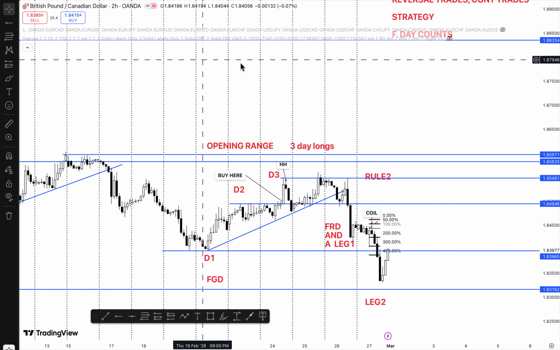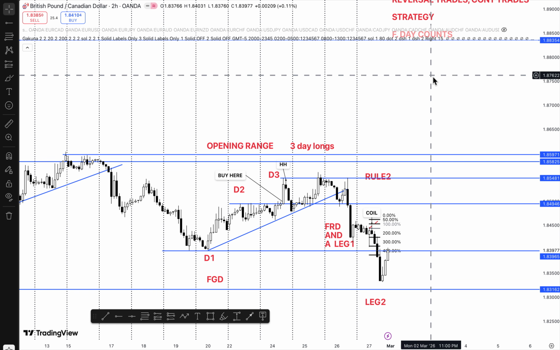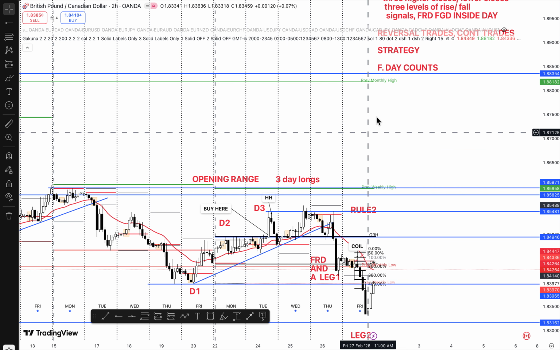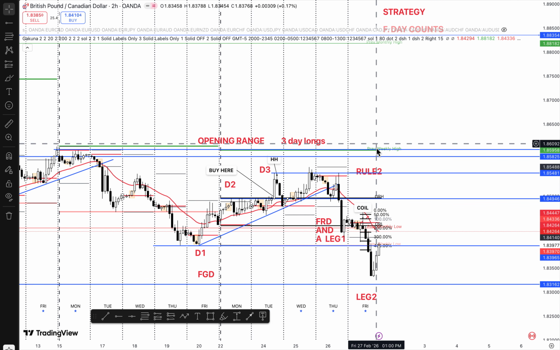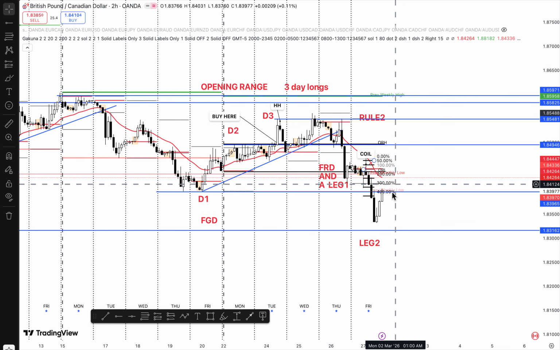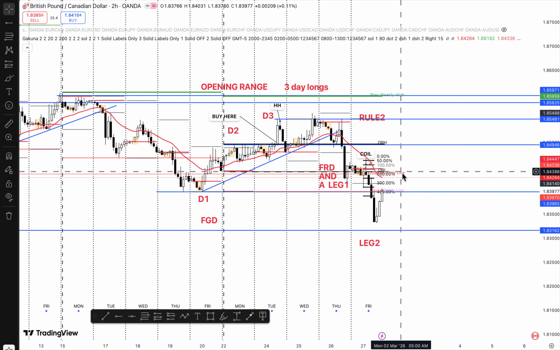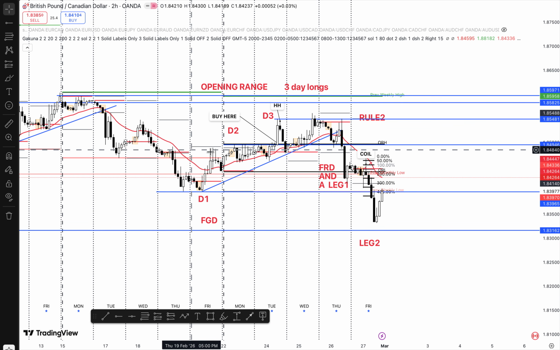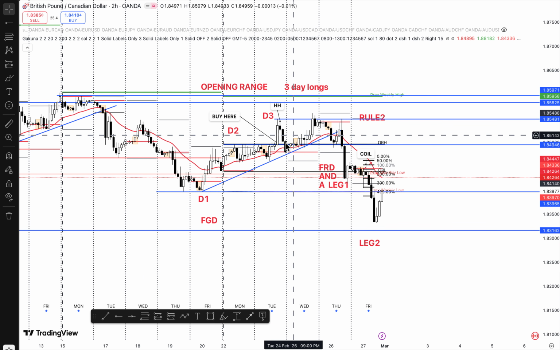If I put on the indicator, you will see how it looks. Let's put on the indicator. Now you can see the indicator is on. You can see previous monthly highs, previous weekly highs, previous weekly low, previous monthly low, closing price all appearing, moving averages, session boxes, and all of that.